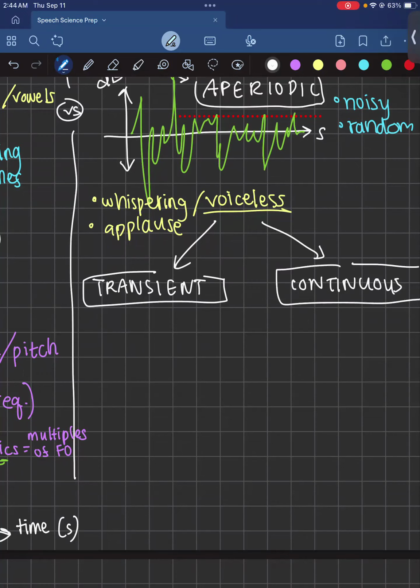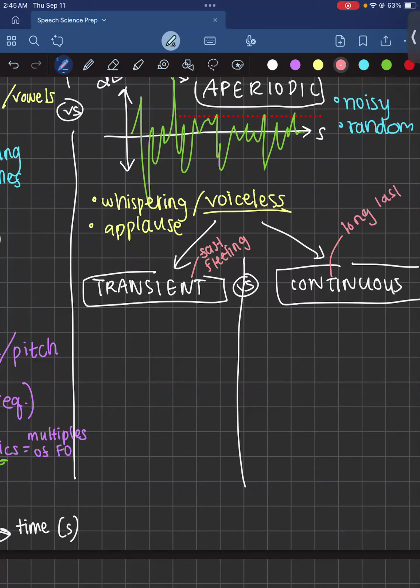Now, once again, before we actually dive in and analyze what these concepts are, let's just look at the word. So what does the word transient mean? Transient means that something is fast or it's fleeting. It's there one second and gone the next second, that kind of thing. But continuous, on the other hand, you know what it means.